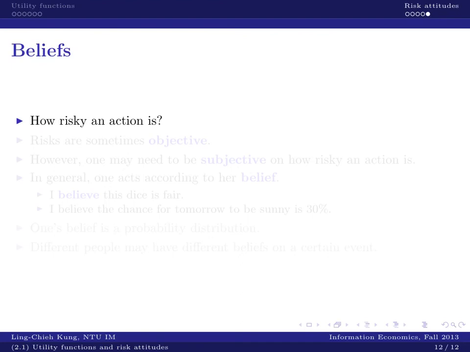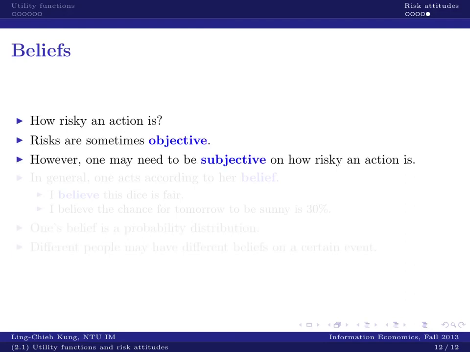Okay. Finally, I want to make a remark on something we call beliefs. So we know there are some risks in every action, but how risky it is depends on how we evaluate the possibilities of outcomes. Okay, so these risks, these probabilities of outcomes may sometimes be objective, but sometimes may also be subjective. Okay?